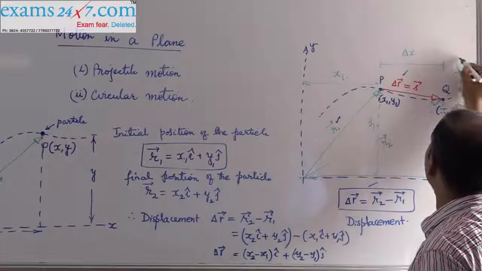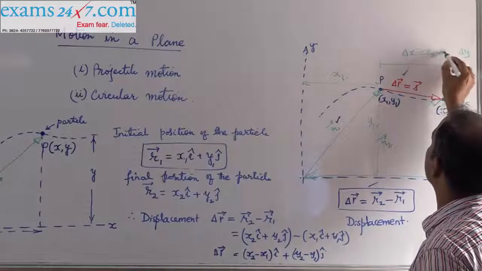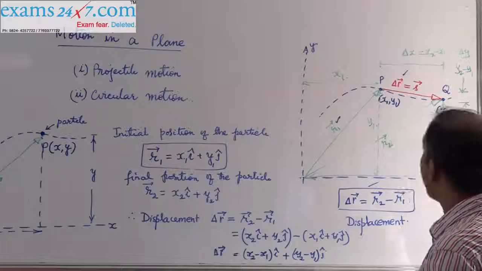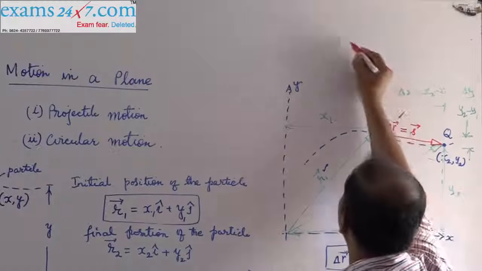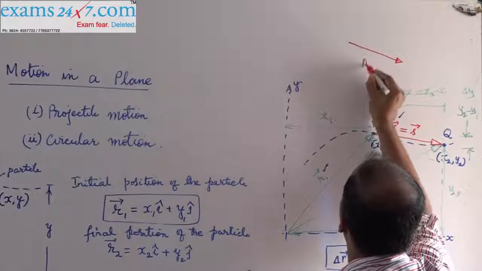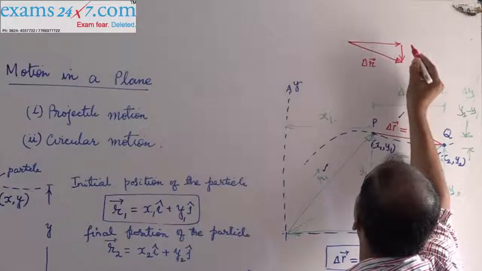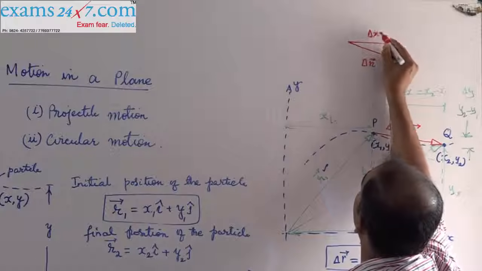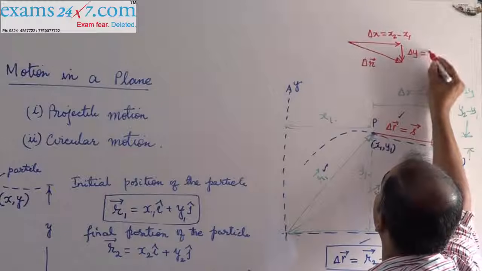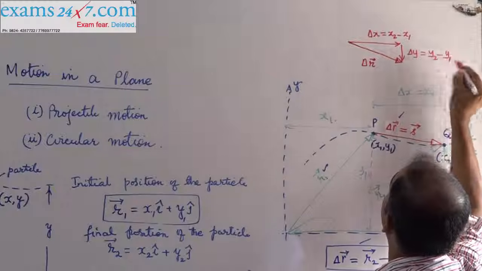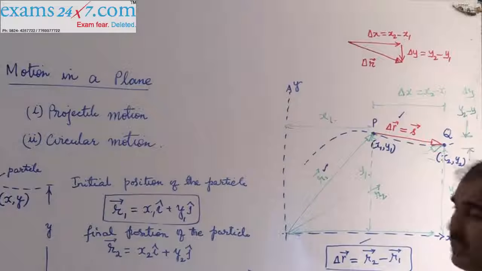So we could call this delta y. Likewise, delta x is x2 minus x1. So delta r, if you were to rewrite that vector somewhere here, is going to have two components. One along the x axis, we call it delta x, which is x2 minus x1, and the y component is going to be delta y equals y2 minus y1.